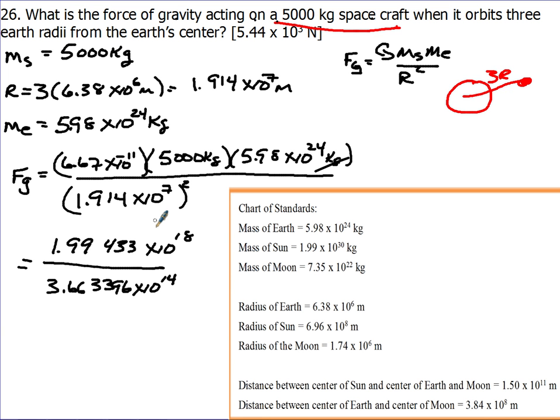So when I divide those two numbers out, 1.99 times 10 to the 18th divided by 3.663396 times 10 to the 14, I get 5443.9 newtons.